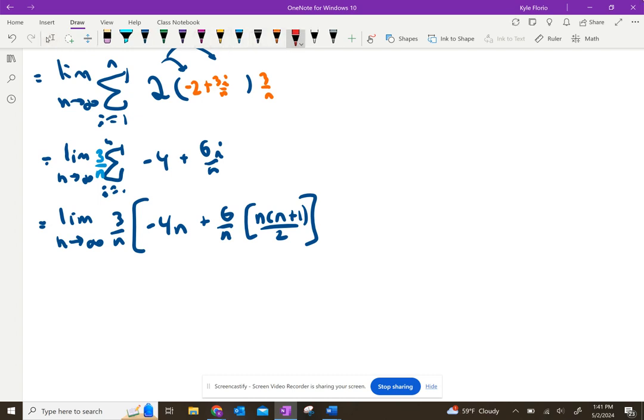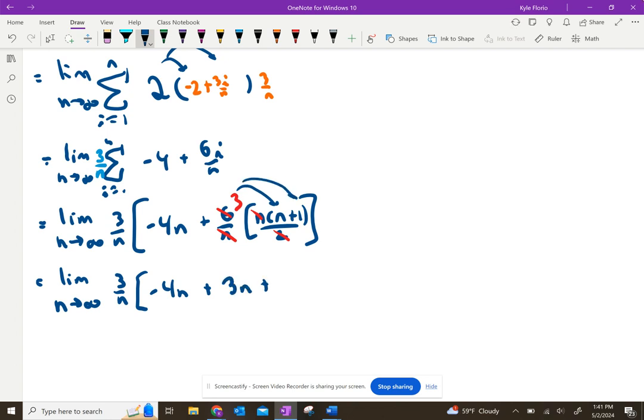Recognizing that, that n is going to eliminate that n, and 6 divided by 2 is 3. So now I have the limit as n approaches infinity of 3 over n times negative 4n plus, now I have a 3 times n and a 3 times 1, so it's going to be plus 3n plus 3.